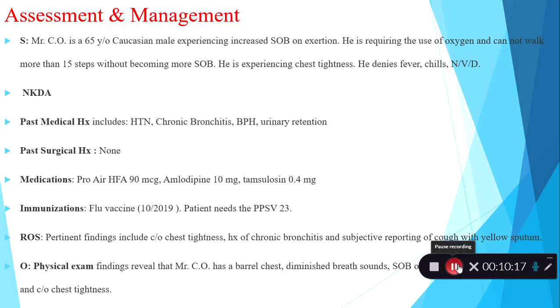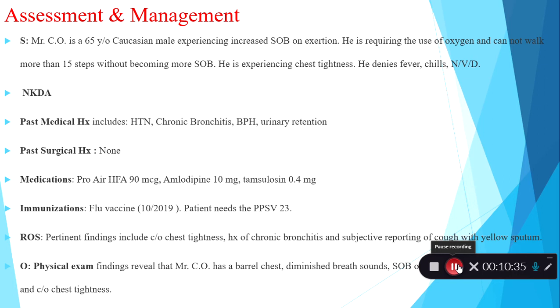Mr. CO does not have any allergies. His past medical history includes hypertension, chronic bronchitis, BPH, and urinary retention. He does not have any surgical history.